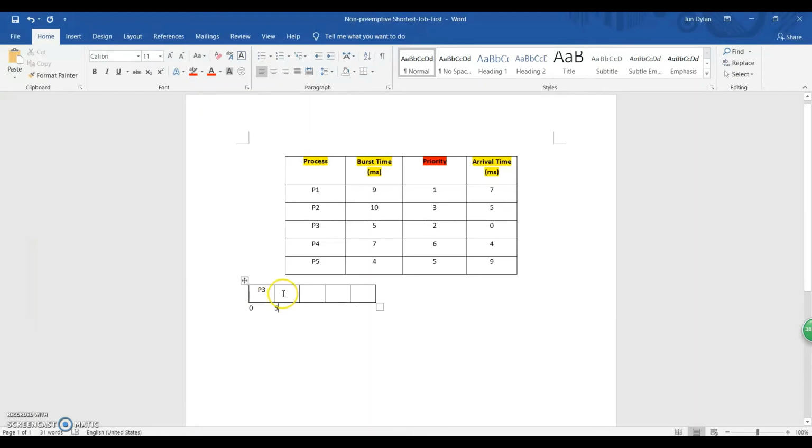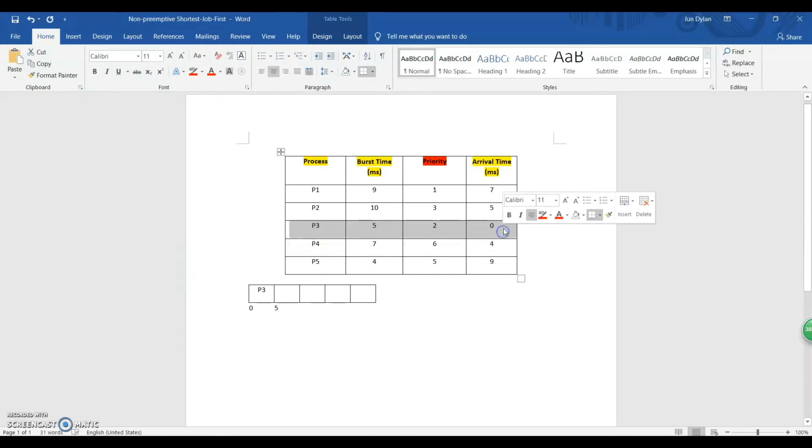The second thing is that non-preemptive shortest job first sequence is based on the burst time. So the smaller the burst time, the earlier it comes. The smallest burst time is P5, but as you can see, the arrival time of P5 is bigger than the burst time of P3.